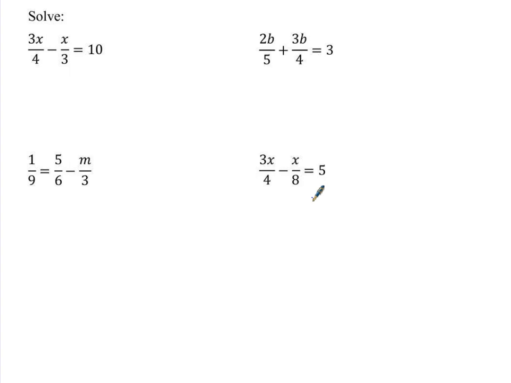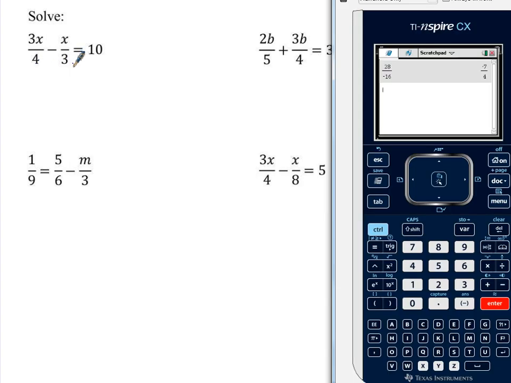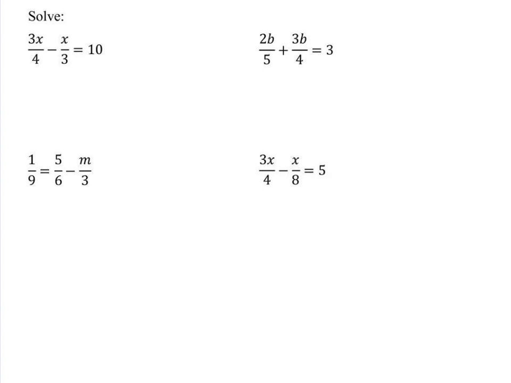We don't know. Get rid of the fractions? Maybe we'll deal with that later. All right, I need a common denominator for 4 and 3. 4 and 3 is 12. So what do I need to do to this fraction to make 12?